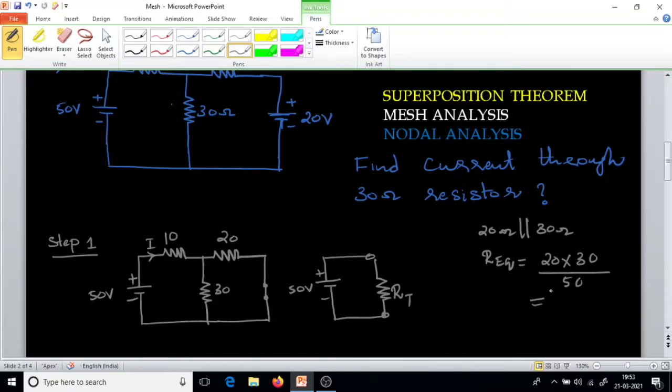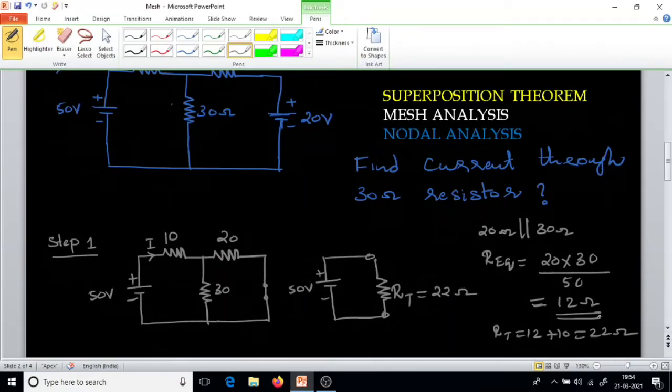So 20 multiplied by 30, that is 600 upon 50, which comes to 12 ohm. This 12 ohm is in series with this 10 ohm resistor. So RT is 12 plus 10, we'll get 22 ohms.